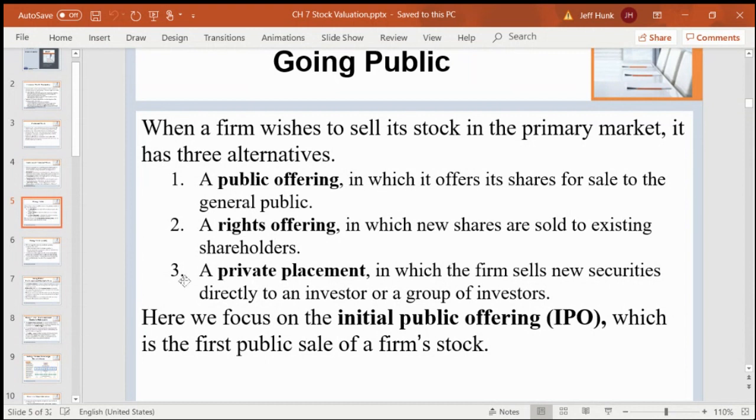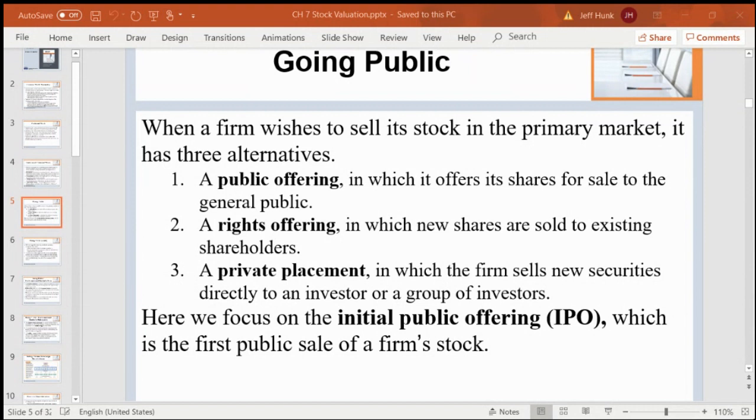And if they do, they will need a proper justification, in other words, enough demand to support the sale of new shares, right?